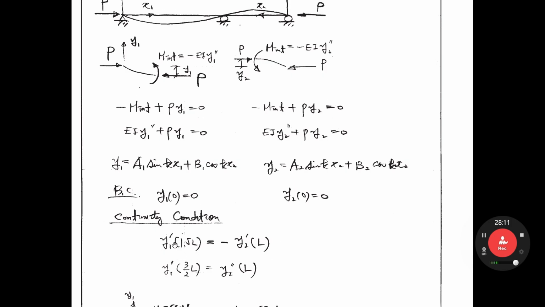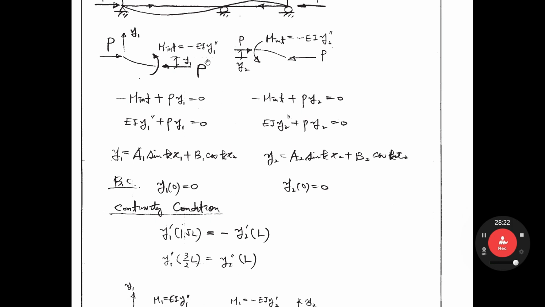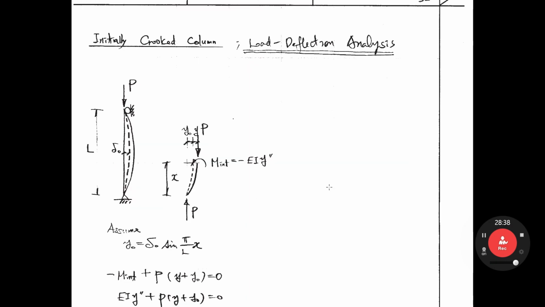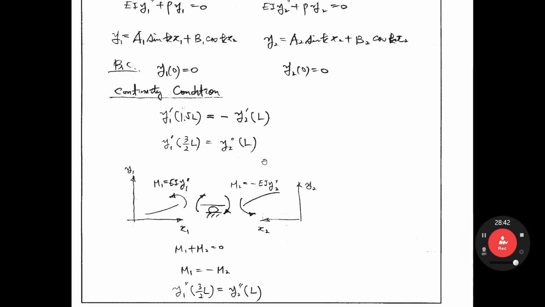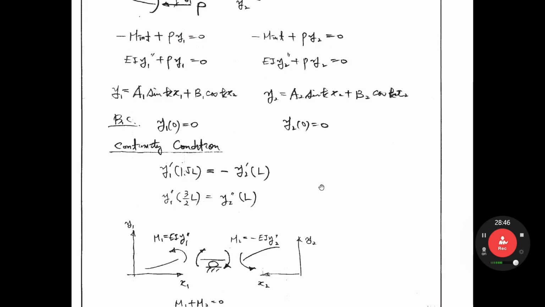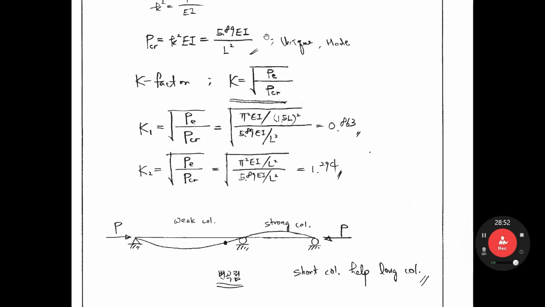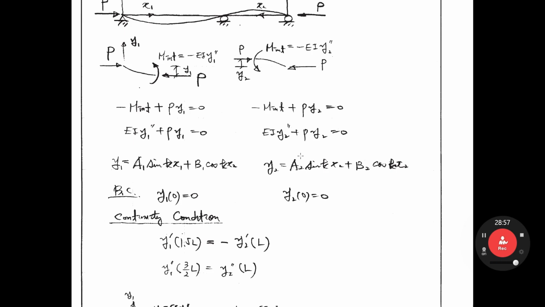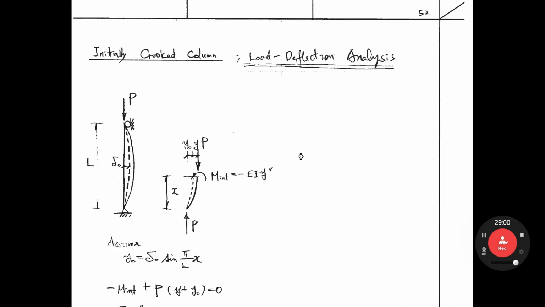So y1 at 1.5L, the slope here and slope here, the sign is like this, minus sign, right? And then the moment here and the moment here, this point from different coordinates must be identical. If you solve using these boundary conditions, you can get the same PCR like this. Okay, same K1 and K2. You can solve by yourself because of limited time.